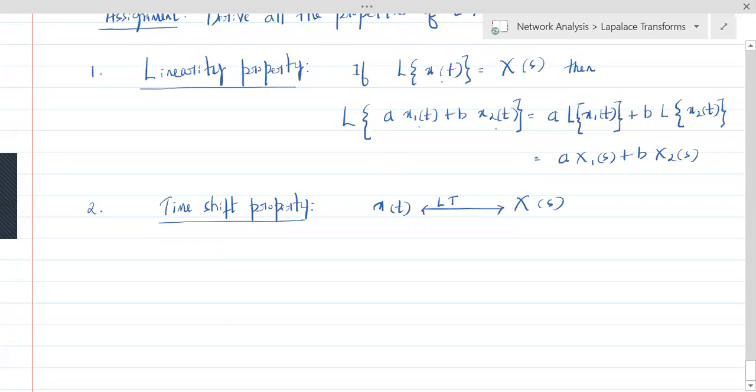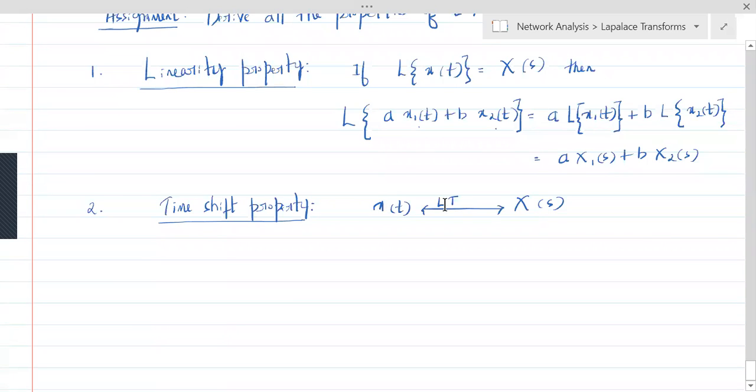This is one way of representing the application of the transform, and this is another way. You can use any one. I'm using both here just to let you know that either representation can be used.